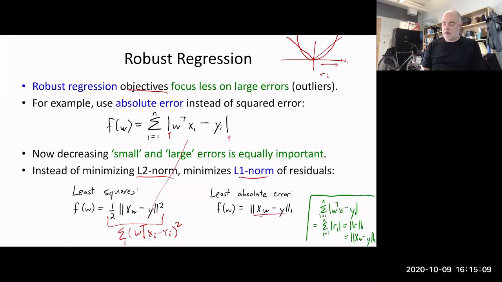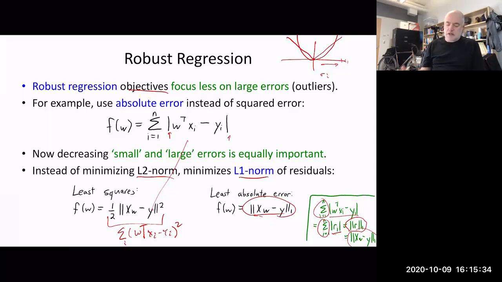What is this L1 norm? If you take the absolute values and sum them over all n data points, that's the same thing as the L1 norm of the residual vector, which is the L1 norm of Xw minus y.